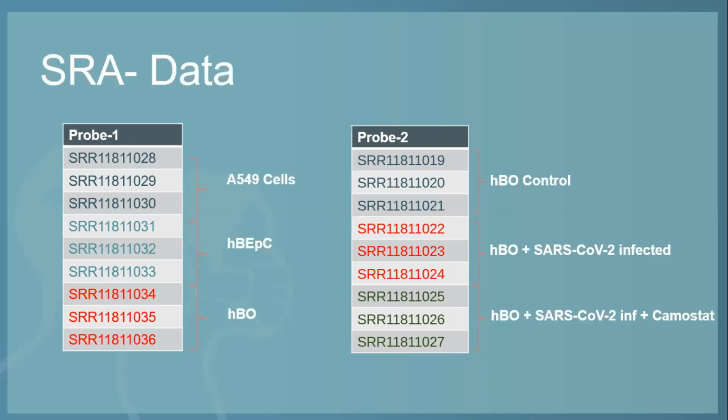What I found were two different sets, from two different doctors or PhD candidates. They did an experiment. The first experiment was to see the difference or the similarity between the human bronchial epithelial cell and human bronchial organoids.